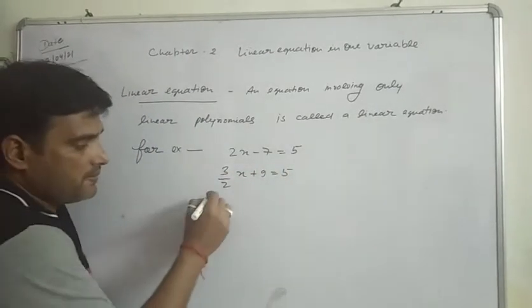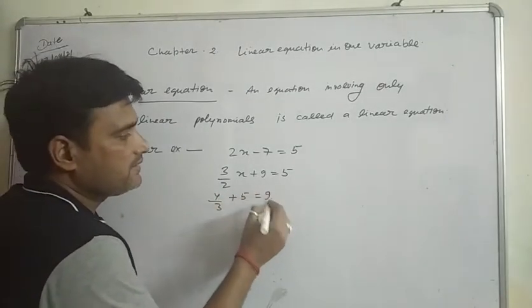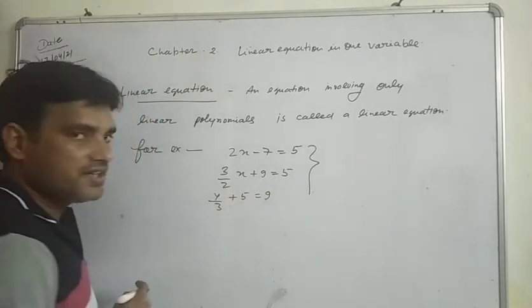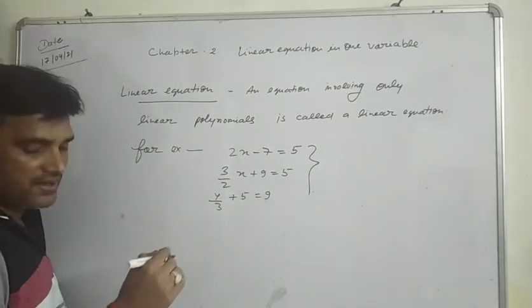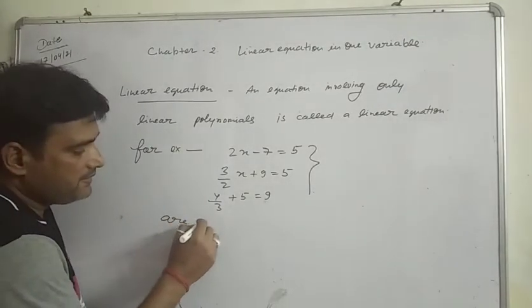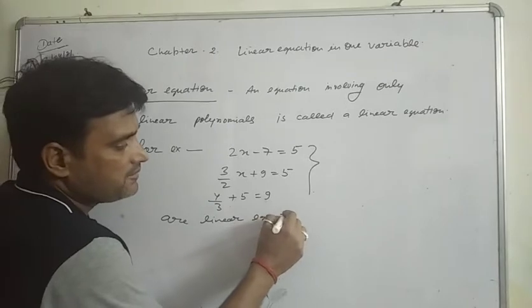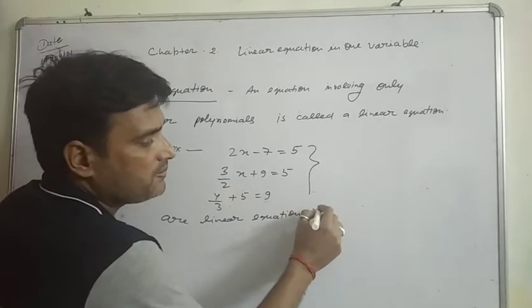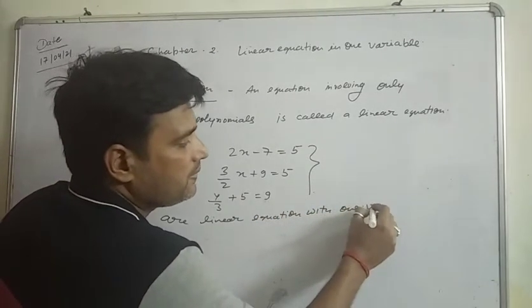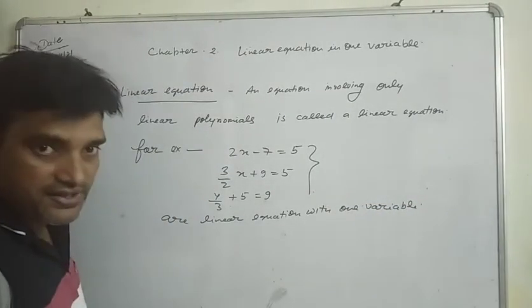Next, 3/2 x + 9 = 5. Next, y/3 + 5 = 9. These are linear equations with one variable. Understand?